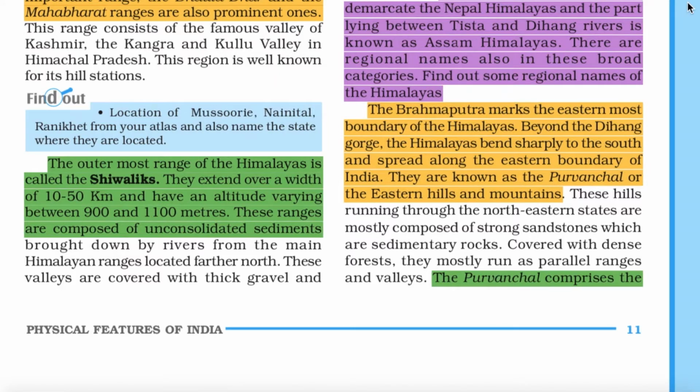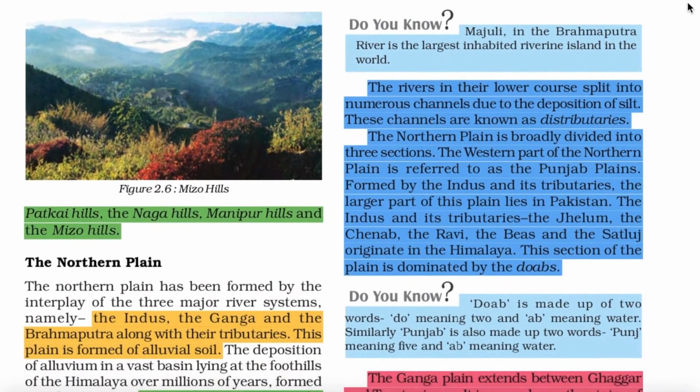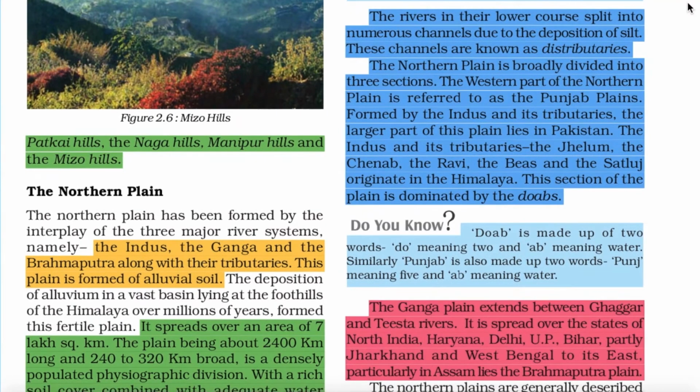These hills running through the northeastern states are mostly composed of strong sandstones, which are sedimentary rocks. Covered with dense forests, they mostly run as parallel ranges and valleys. The Purvanchal comprises the Patkai Hills, the Naga Hills, Manipur Hills and the Mizo Hills.